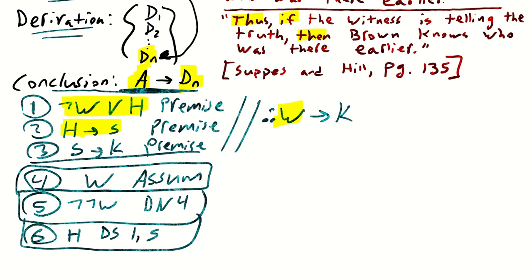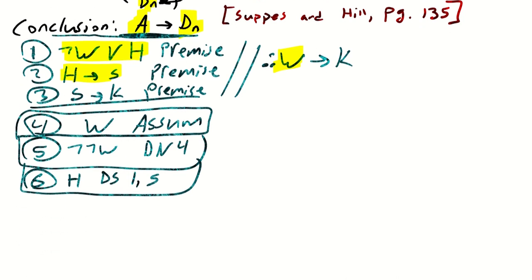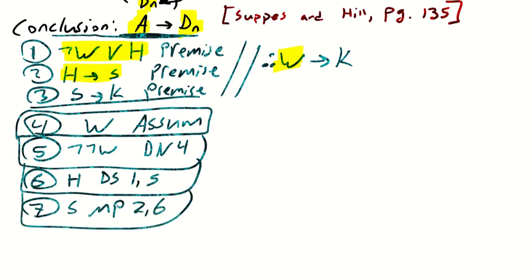And then we have this if H, then S. And so for line 7, we can get S by modus ponens with lines 2 and 6. And likewise, we have this if S then K. So for 8, we can get K by modus ponens lines 3 and 7.